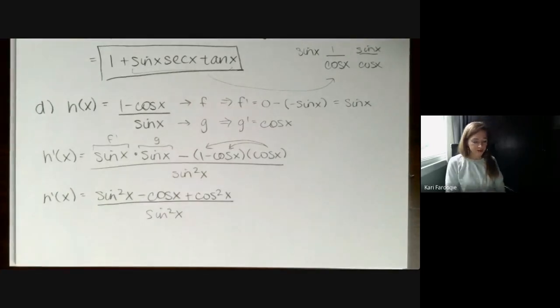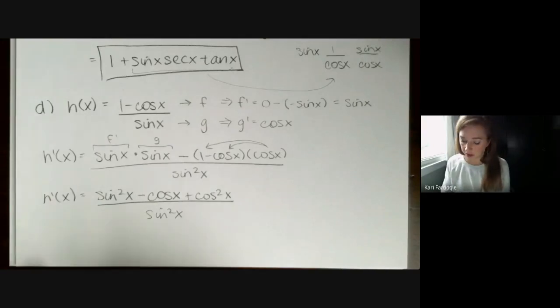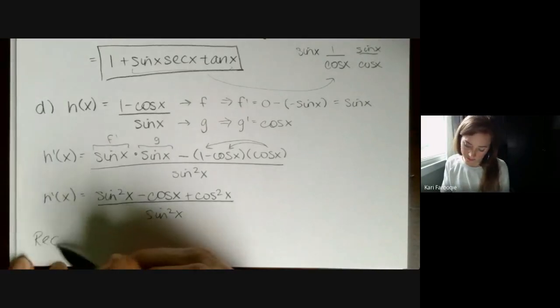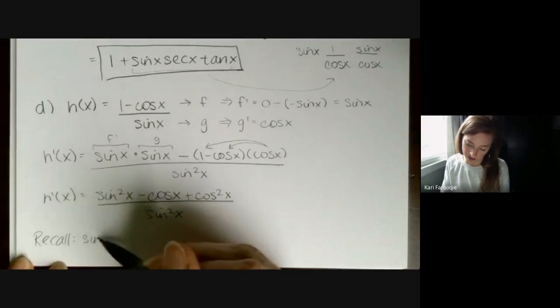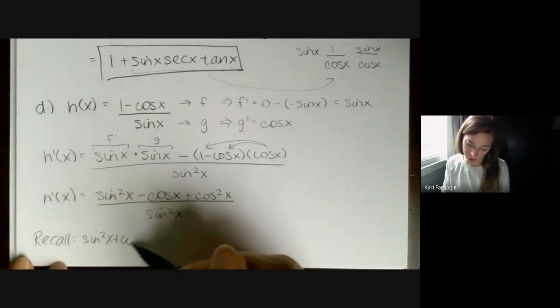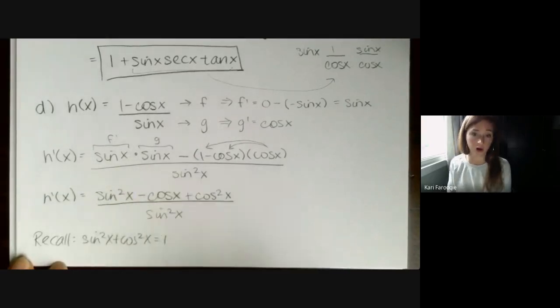Now, part of the reason I wanted to do this one using the quotient rule, instead of simplifying it to a different variation and using the product rule, is because I want to remind you of how you're going to be using your Pythagorean identities along with any other trig identities that you can use. So recall that sine squared x plus cosine squared x equals 1.